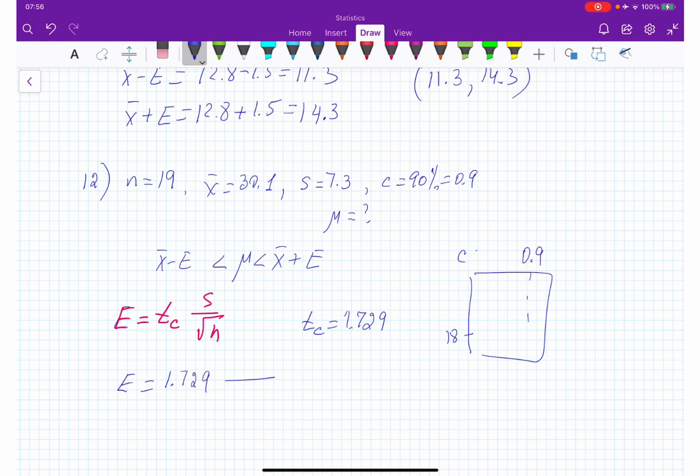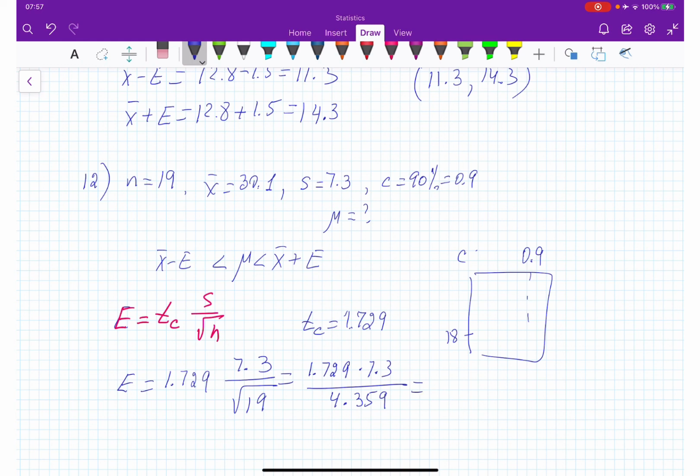1.729 times S is equal to 7.3 divided by the square root of 19, right? Okay. So the square root of 19 is equal to 4.359. Let me write it down: 1.729 times 7.3 divided by 4.359.